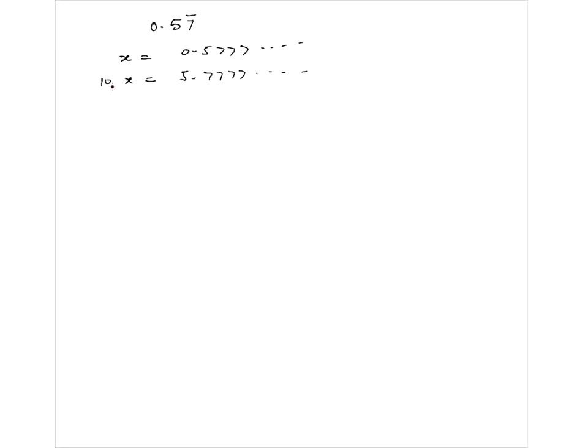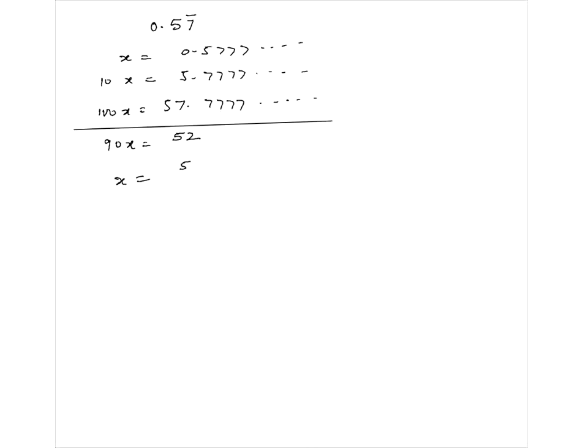So after 10x, we need to do one more step, 100x. And then we subtract, and we find that the decimal part is cancelling. 57 minus 5 is 52.